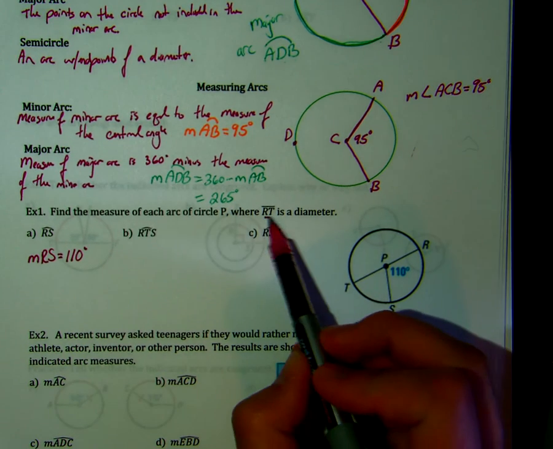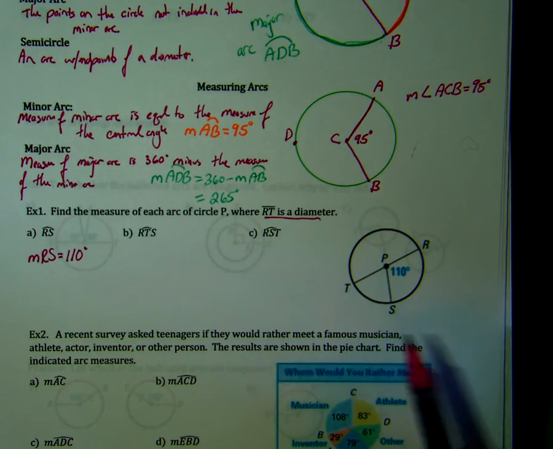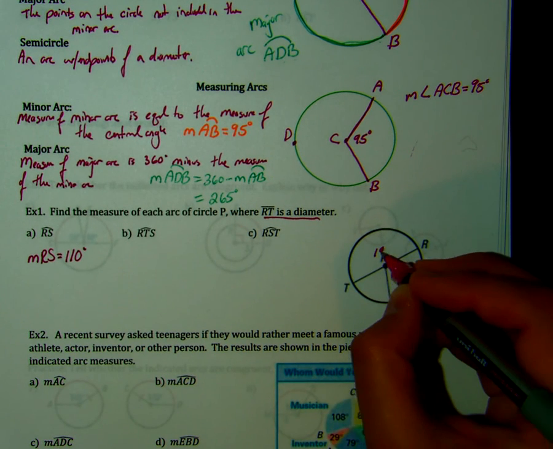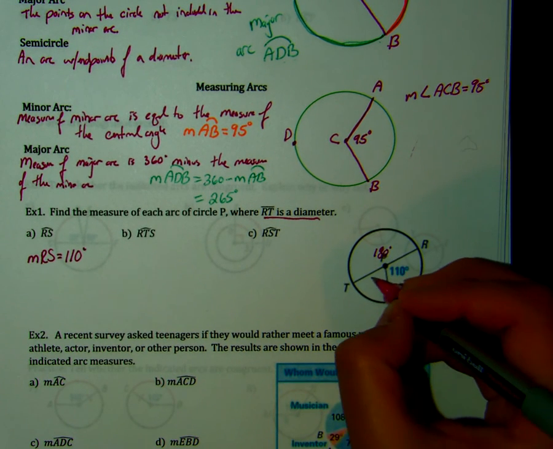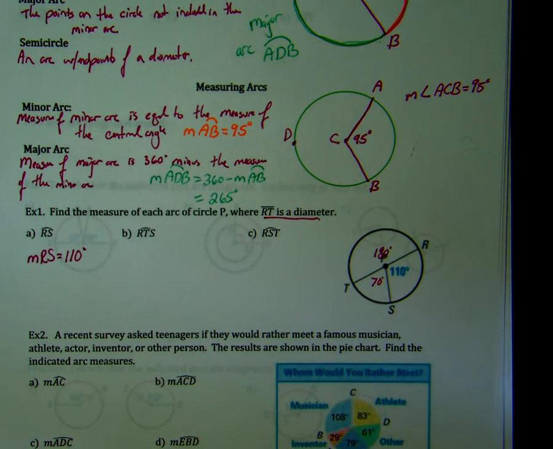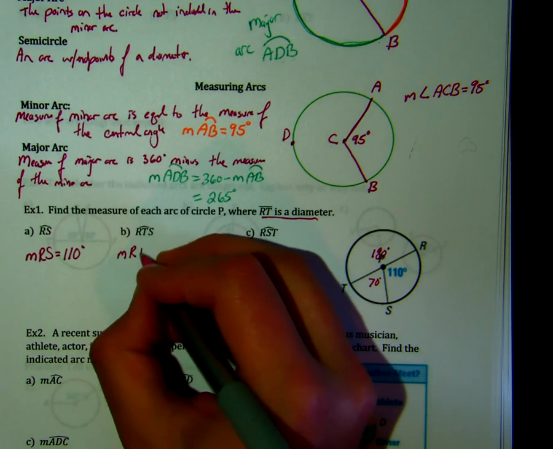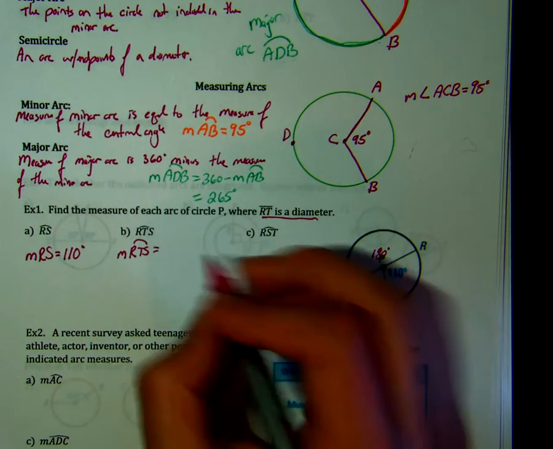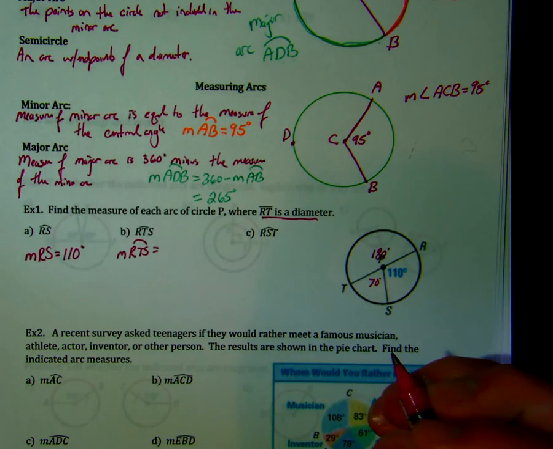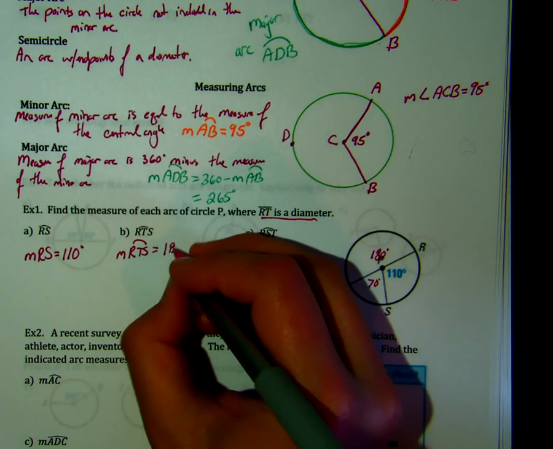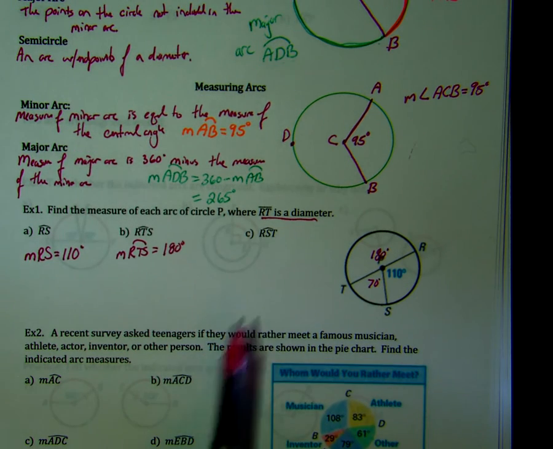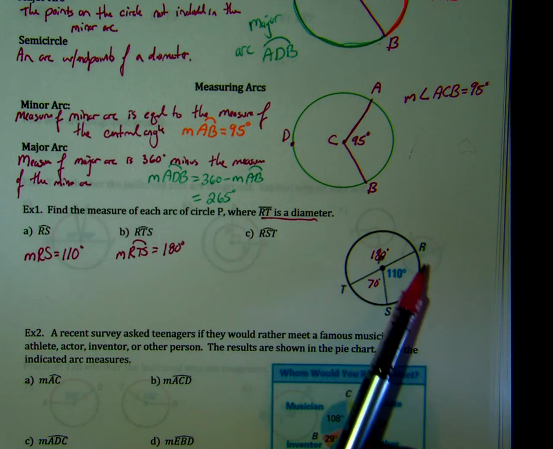Oh, but it says RT is a diameter. So that means that this is cut into 180 degrees on this side, 180 degrees on this side. It is a semicircle, which means that the measure of arc RTS, the semicircle, is 180 degrees.